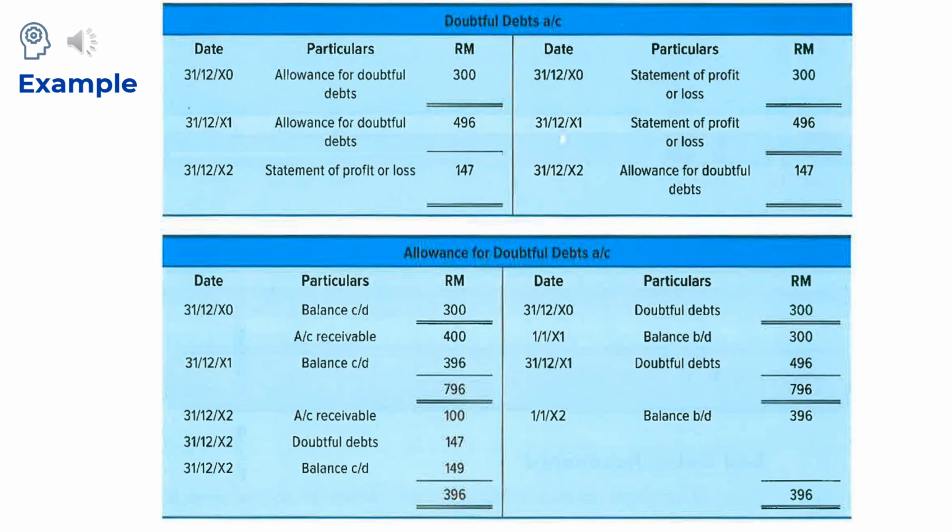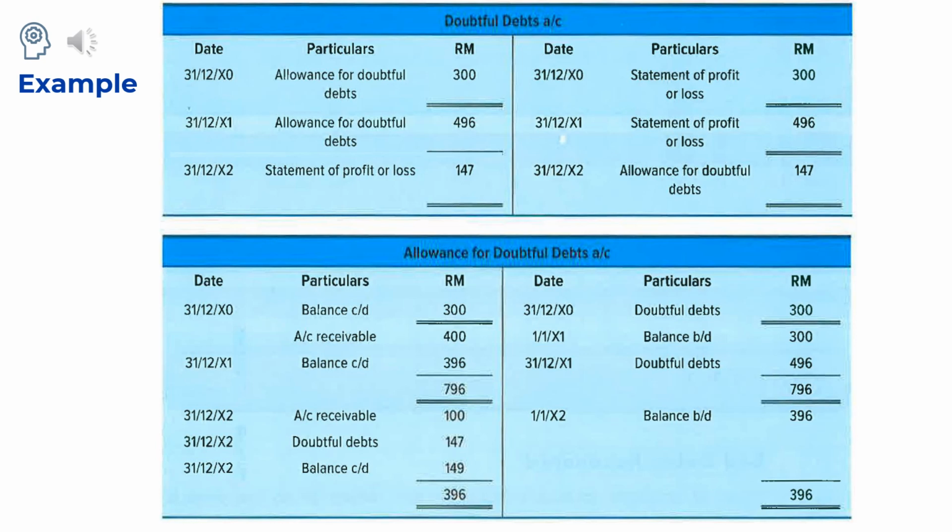Noted that the doubtful debts figure in 20x2 is in the debit side, whereas for 20x1 and also 20x0 it is in the credit side.